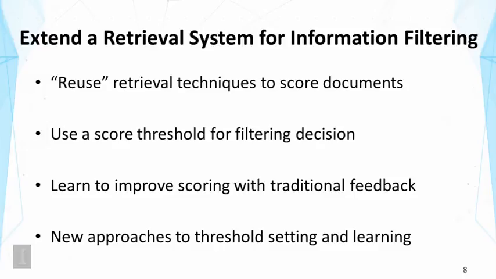And here we can use the traditional feedback techniques to learn to improve scoring. And we know Rocchio can be used for scoring improvement, right? But we have to develop new approaches to learn how to set the threshold. We need to set it initially, and then we have to learn how to update the threshold over time.